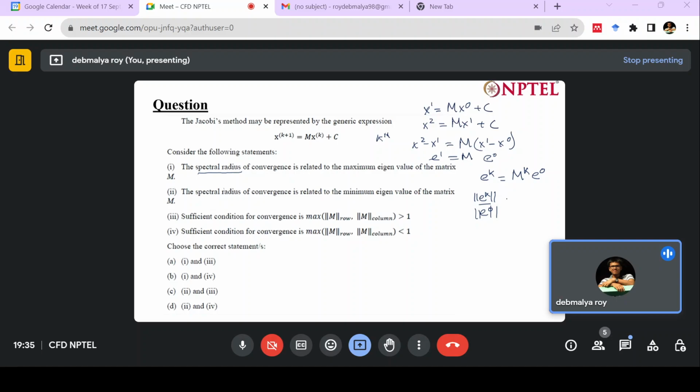So what will this measure be equivalent to? This measure will be equivalent to some norm of M to the power k, which is related to your eigenvalue.